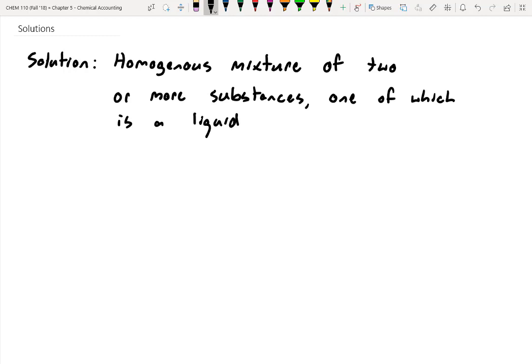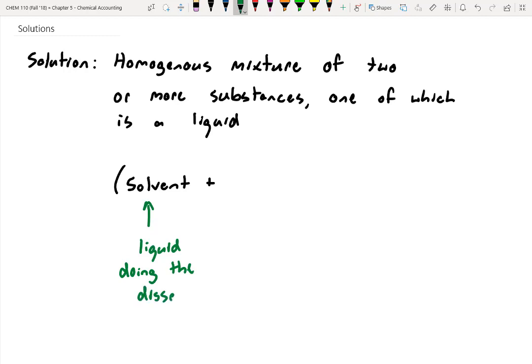All right, so let's kind of define this using a mathematical formula. So the first thing we have is a solvent. That's the liquid component, so the thing doing the dissolving. And then the thing being dissolved is called the solute.